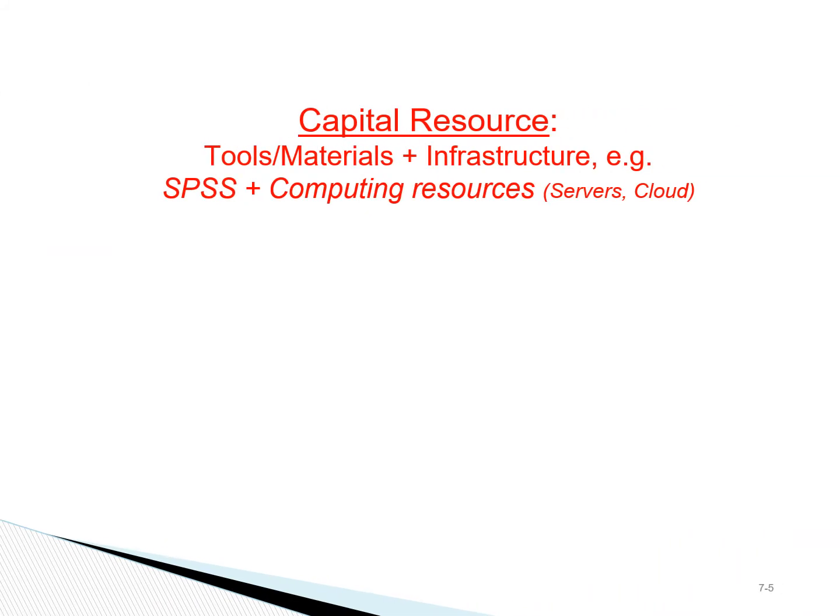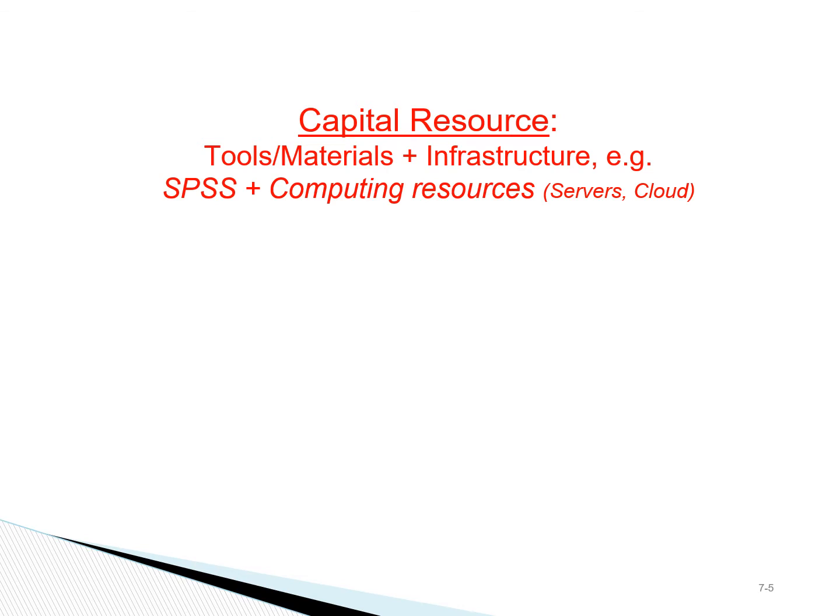Capital resources refer to tools and infrastructure that are used by an organization to produce other goods and services that the organization delivers. For example, SPSS, which is a statistical software, and the infrastructure that is required for it to run, be it on servers or on the cloud, can be an example of a capital resource for a project.